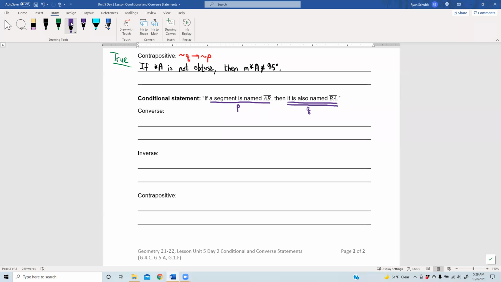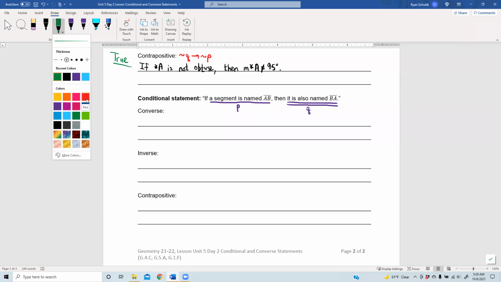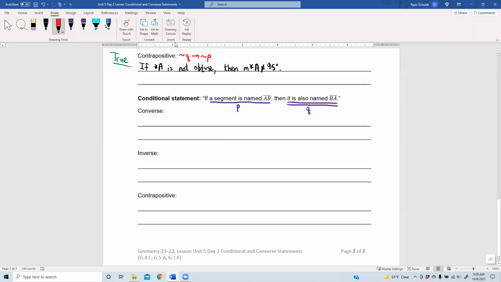Okay, so for the converse, what order do we need to put these in? We need if Q, then P. We need to flip them.